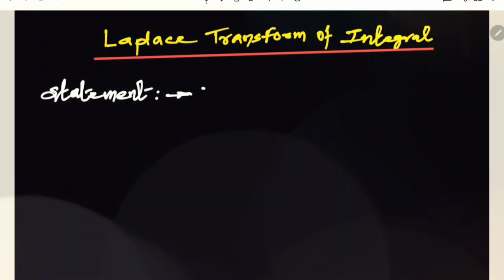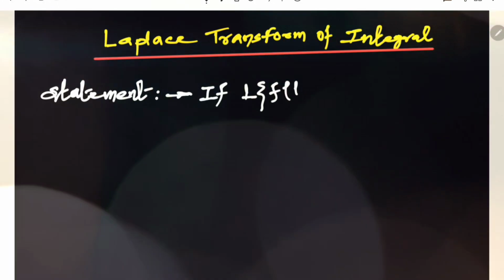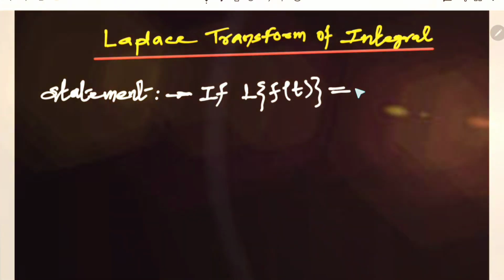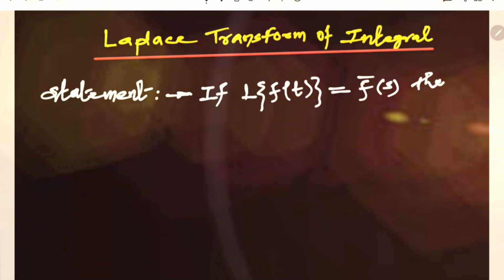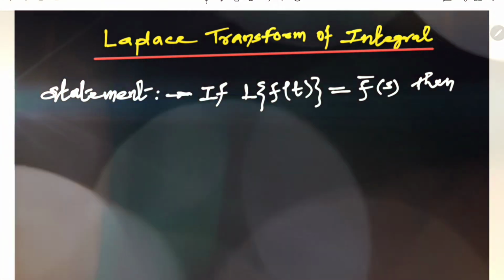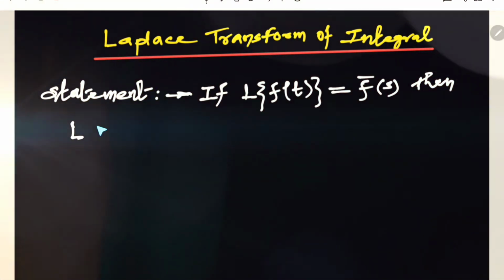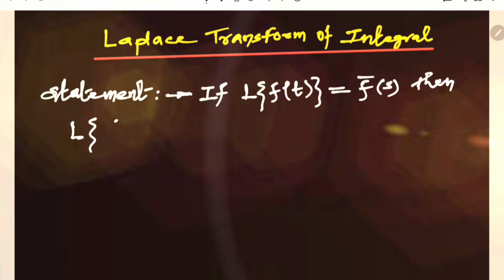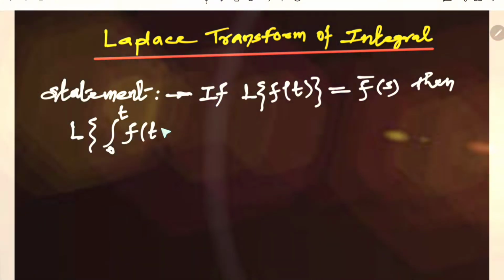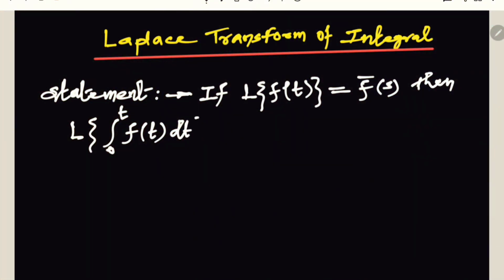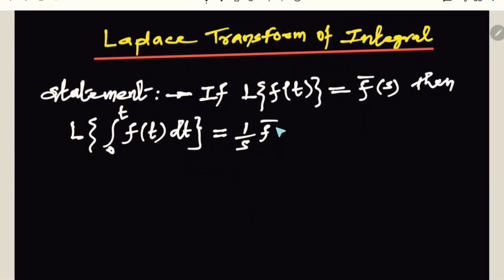A statement: if the Laplace of f of t is f bar of s, then the Laplace transform of the integral from 0 to t of f of t dt is given by 1 by s into f bar of s.